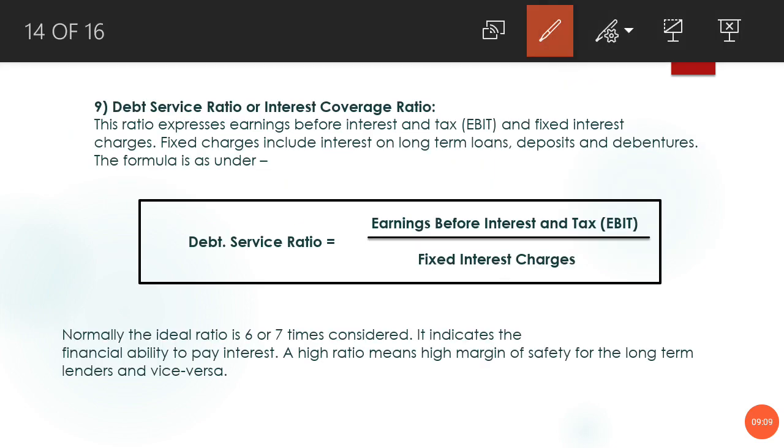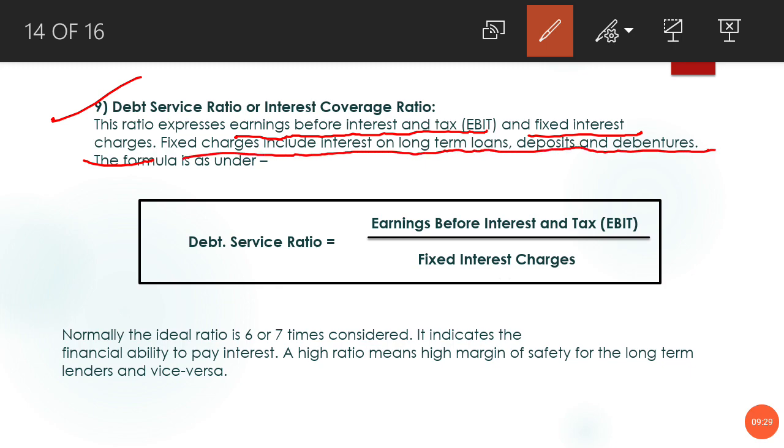9. Debt service ratio or interest coverage ratio. This ratio expresses the relationship between earnings before interest and tax (EBIT) and fixed interest charges. Fixed charges include interest on long-term loans, deposits and debentures.